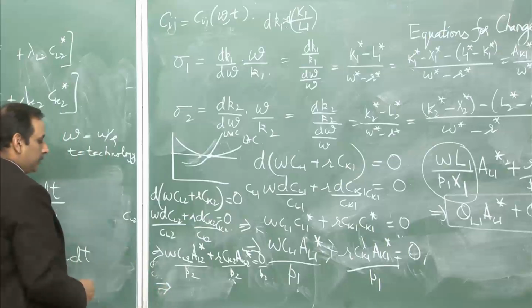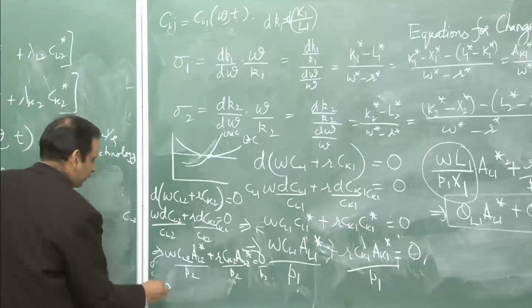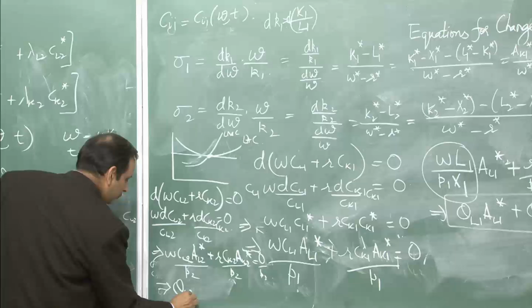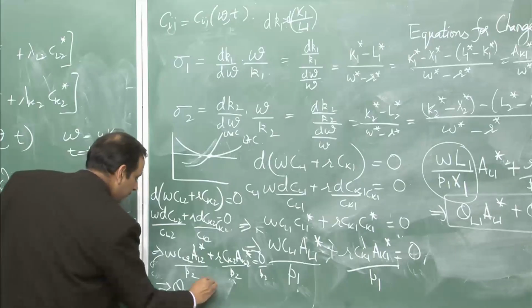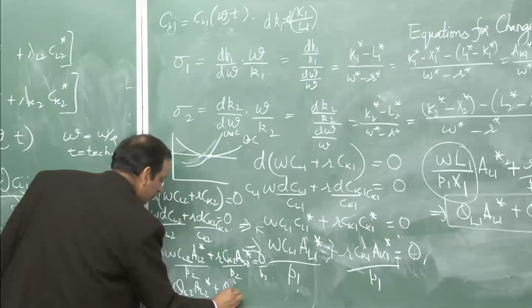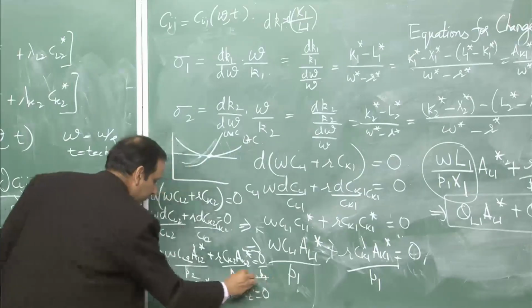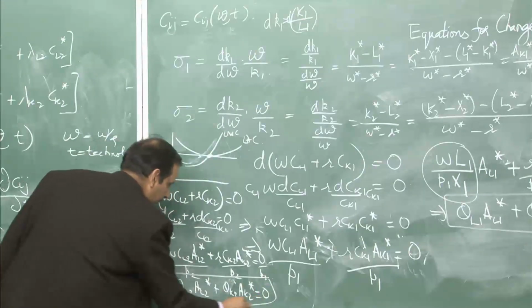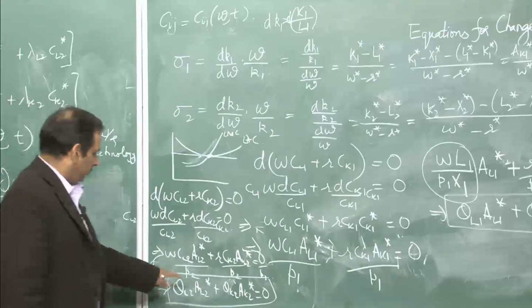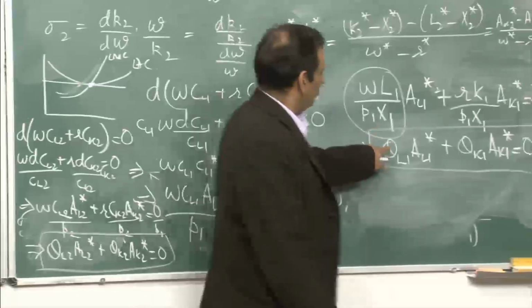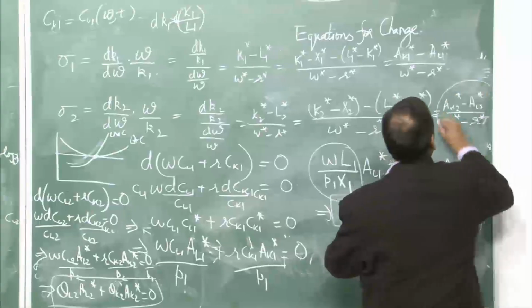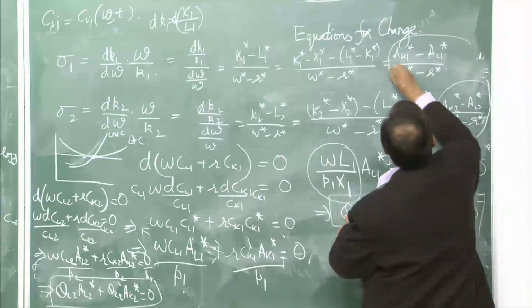So, you get theta L2 AL2 star plus theta K2 AK2 star equal to 0. So, you have 1 and 2 and you have this 3 and you have this 4.